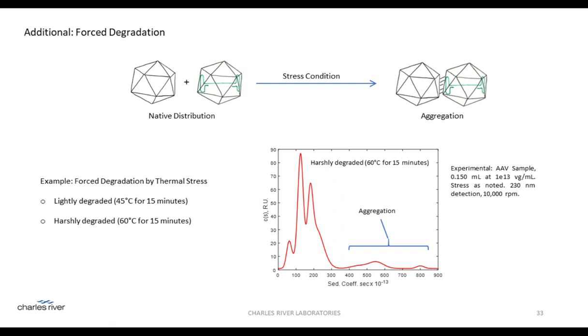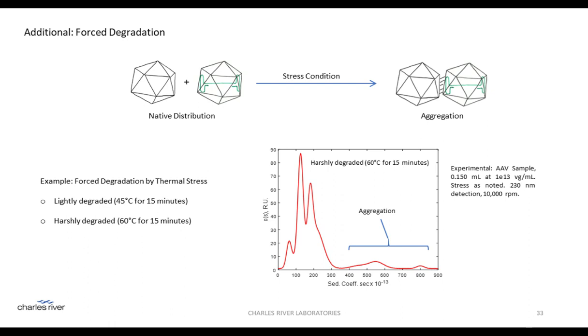Beyond just heterogeneity in the neighborhood of the empty and full peaks, another important characteristic of an AAV sample will be the extent of aggregates that may be present. While other methods besides AUC have traditionally been used to measure aggregation, notably size exclusion HPLC and dynamic light scattering, when it comes to aggregation in AAV samples, AUC may have some advantages over these other methods.